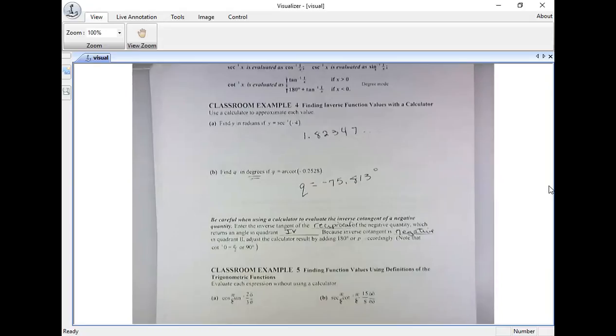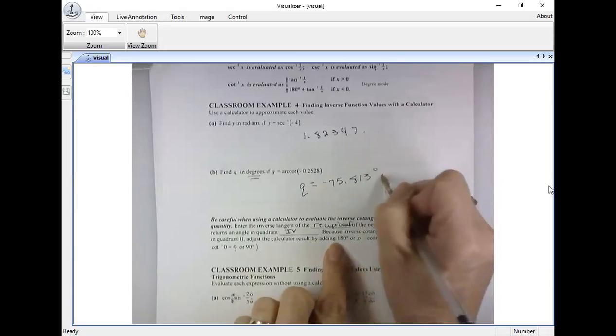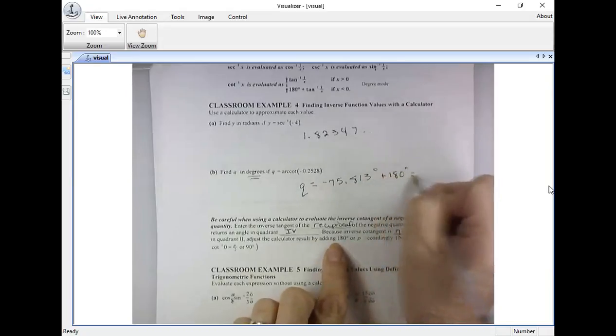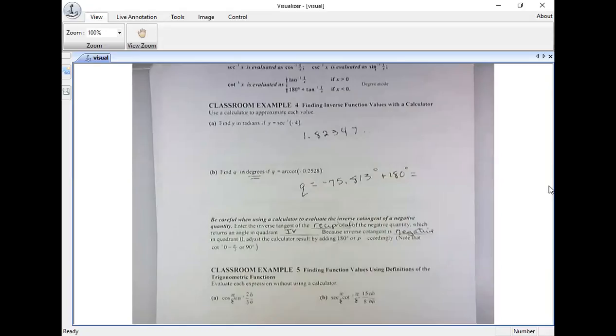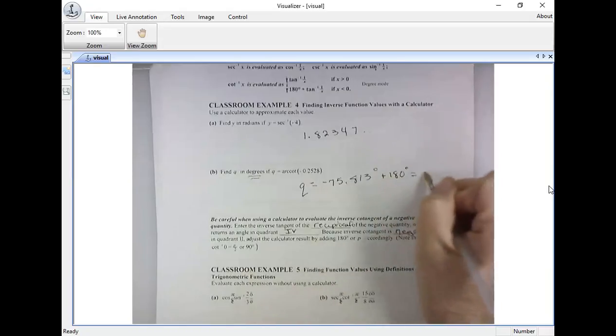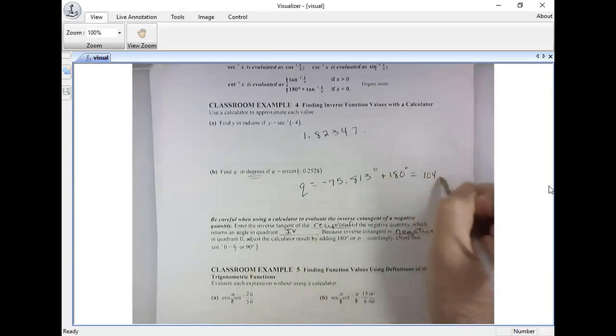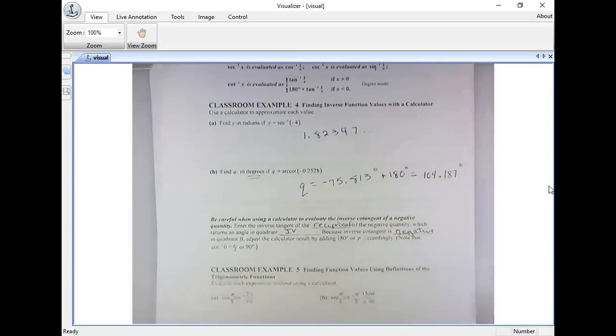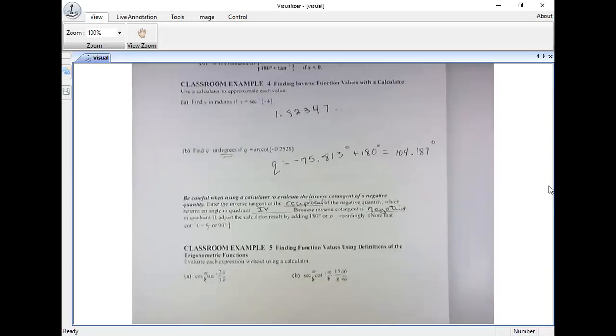When you flip it, you've also got to remember that it's got to shift. So what it's telling us is we're not done. We've got to go back and add 180 degrees to it, which is going to give us, I think, 104.187 degrees if we were to round that. Okay, so that one's sneaky. You'll have to think about it.